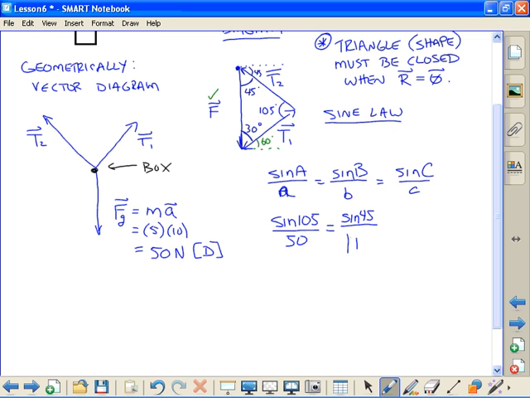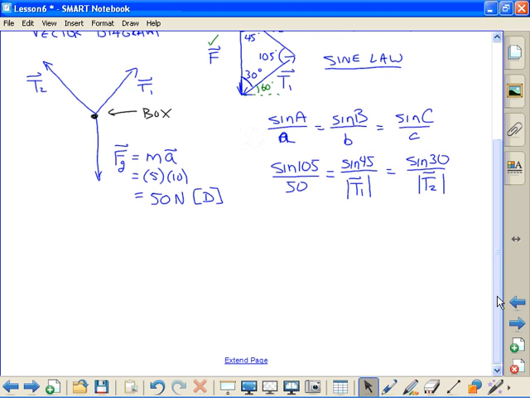And remember, we're dealing with just magnitudes in this situation. So magnitude of T1 and sine 30 degrees over the magnitude of the second tension. Breaking that apart, because it's a proportion, we end up with sine 105 over 50 equals sine 45 over the magnitude of the tension, or T1.